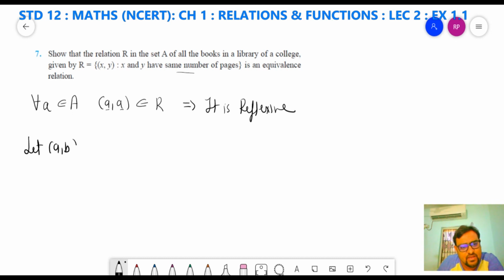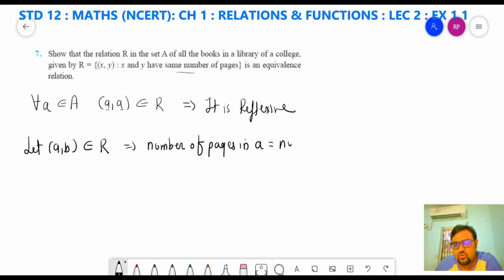Now for symmetry, let (a, b) belong to R. So what does that imply? Number of pages in a equal to number of pages in b. So what does this imply?